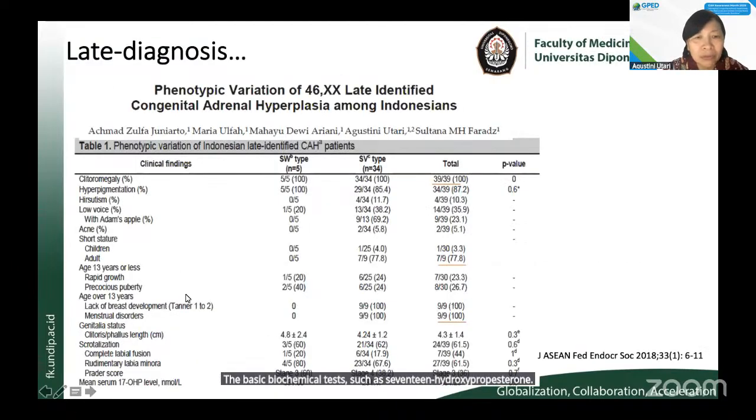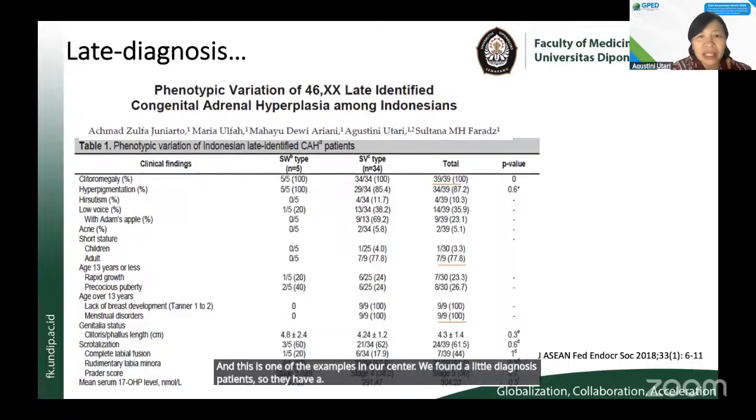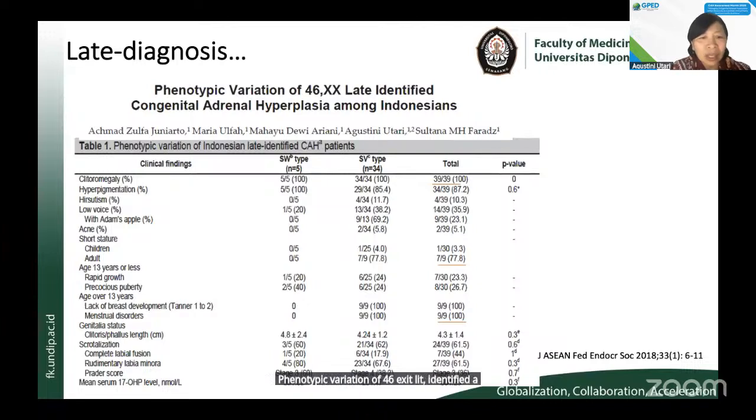And this is one example from our center. We found late diagnosis patients with a phenotypic variation of 46XX late-identified CAH, and most of them have hyperpigmentation.